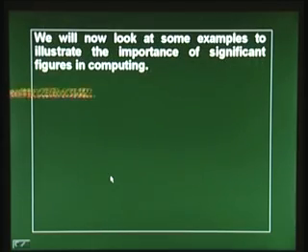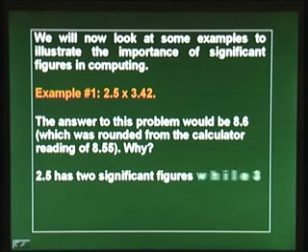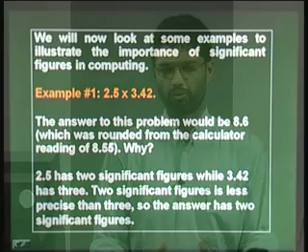Then we now go into some examples of this to illustrate how we determine the number of significant digits in computing. Let's say you represented some numbers and you're doing some arithmetic with these numbers. The question is, as we go on, how do we retain the number of significant digits, and how do we compute what the number of significant digits are?